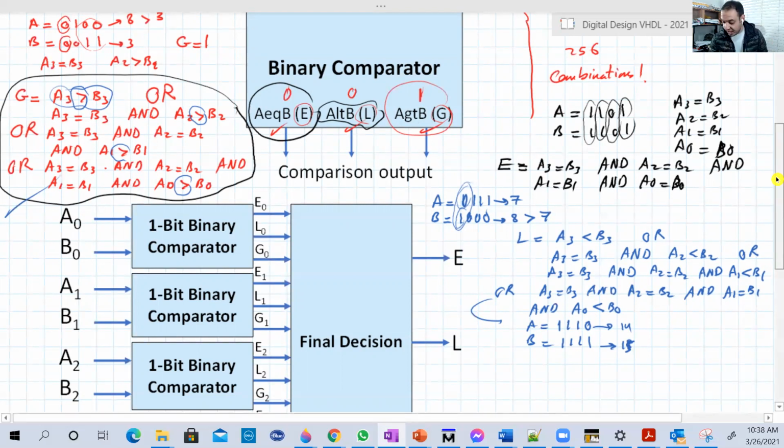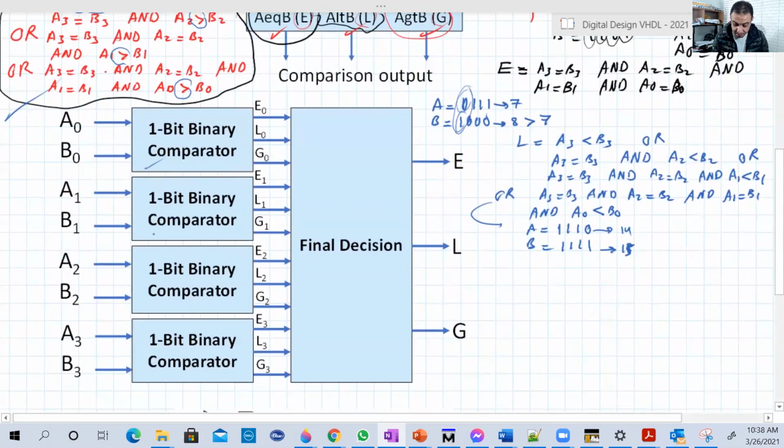So basically we need 4 1-bit comparators. This is number 0 because it's comparing A0 and B0. This is number 1, this is number 2, this is number 3. So they are 4, from 0 to 3. One binary comparator is comparing A0 and B0.